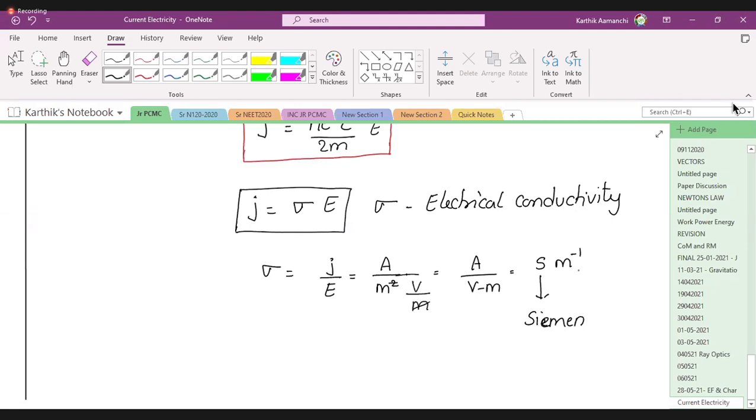Even for a small external electric field applied, if a larger number of charges go per unit area, then we call that the material has high electrical conductivity.